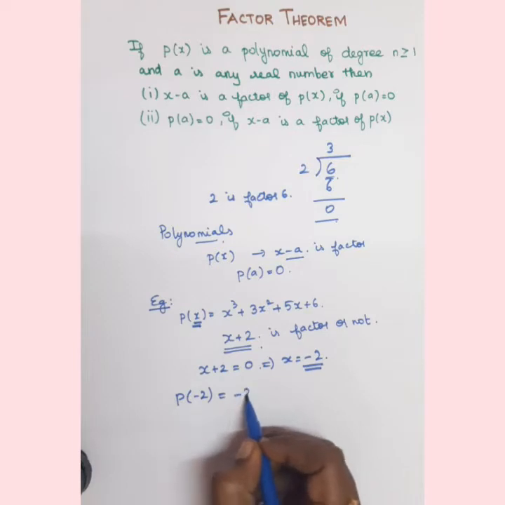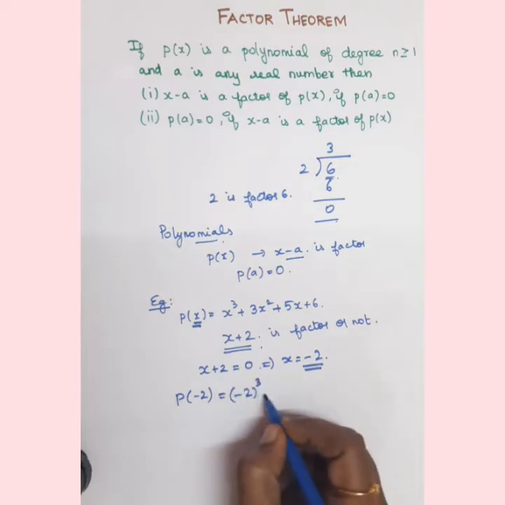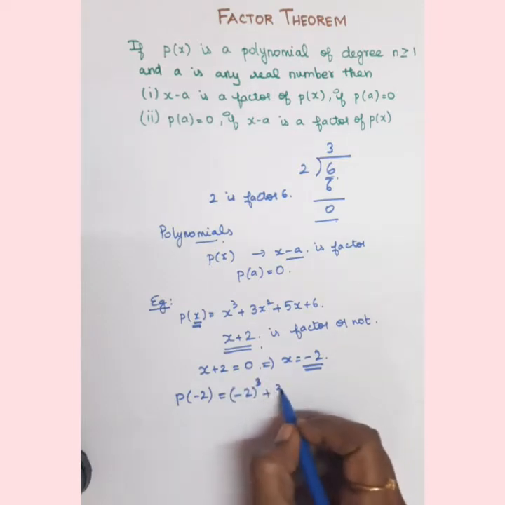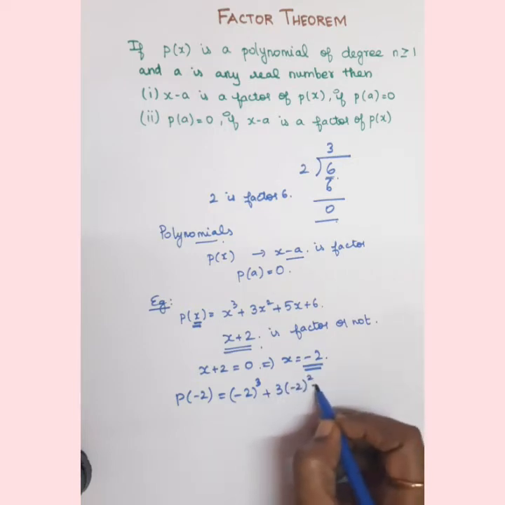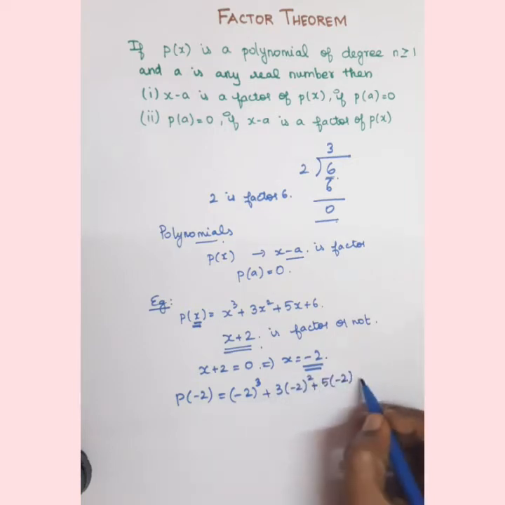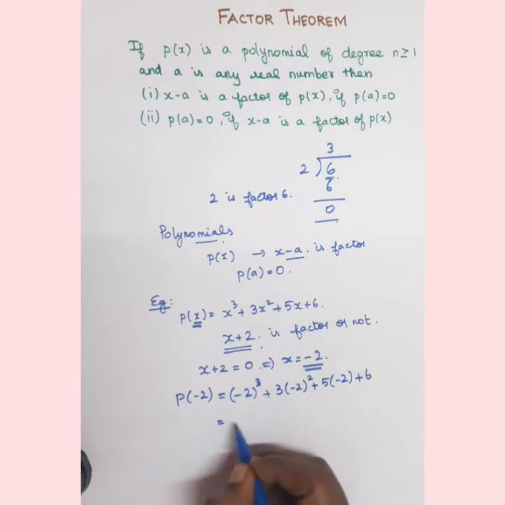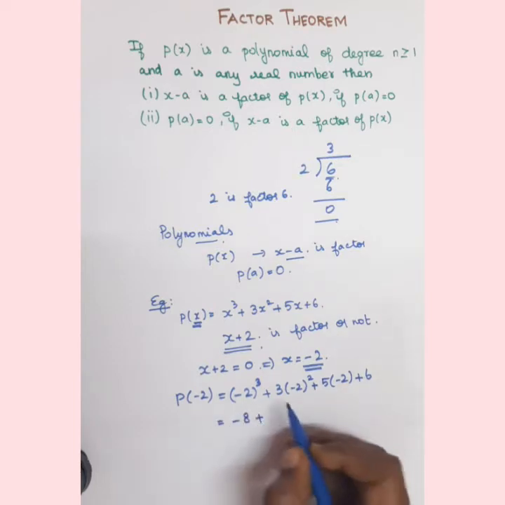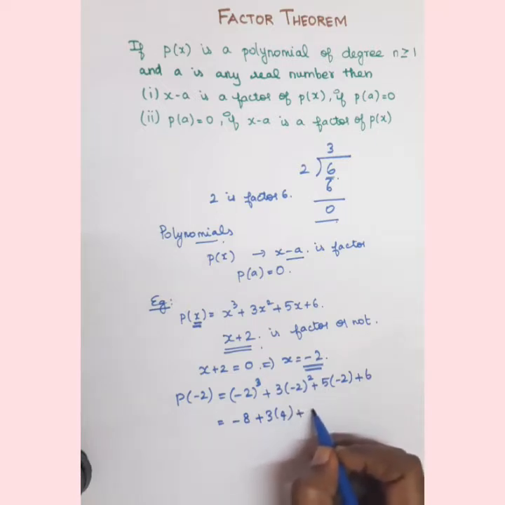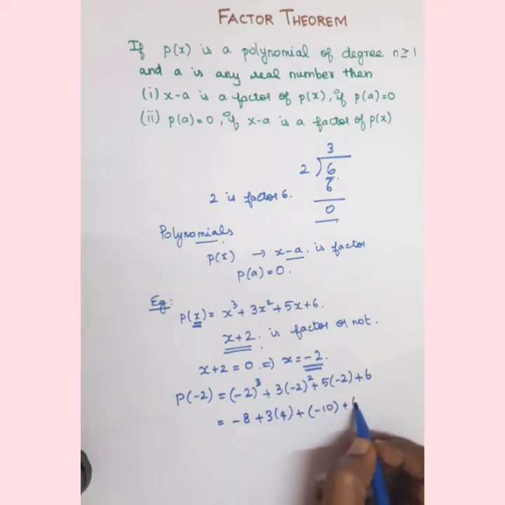You will get minus 2 the whole cube plus 3 into minus 2 the whole squared plus 5 into minus 2 plus 6, which is equal to minus 8 plus 3 into 4 plus minus 10 plus 6.